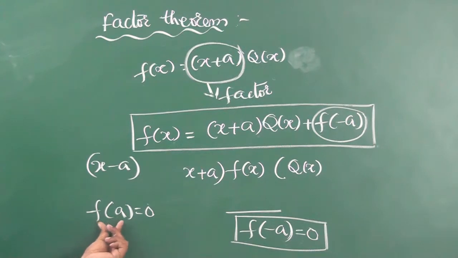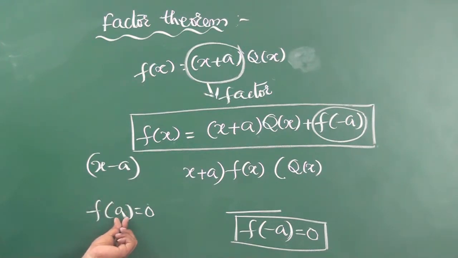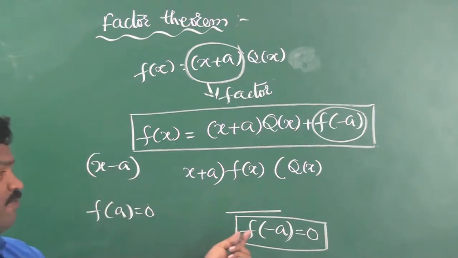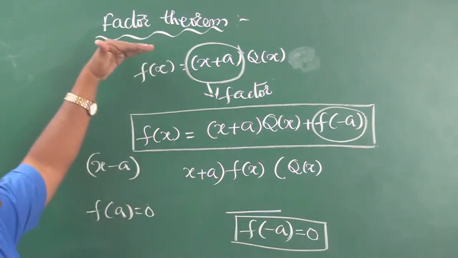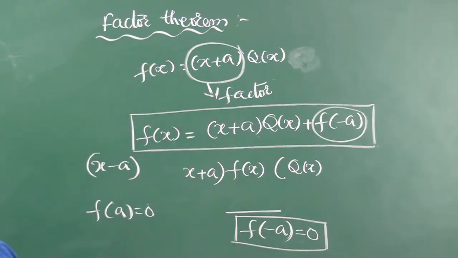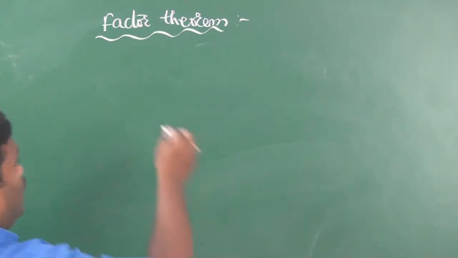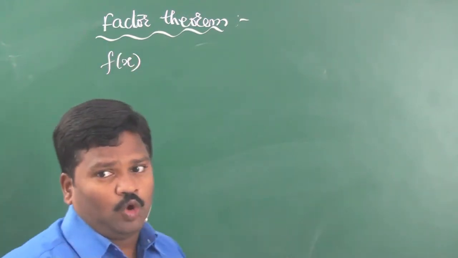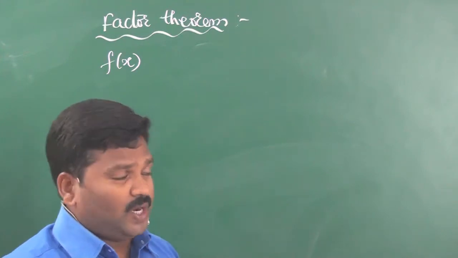If f of a equal to 0, then x minus a is a factor, because a is the zero of x minus a, and minus a is the zero of x plus a. This is called the factor theorem. What is the statement of the factor theorem? f of x is any polynomial whose degree is greater than or equal to 1.